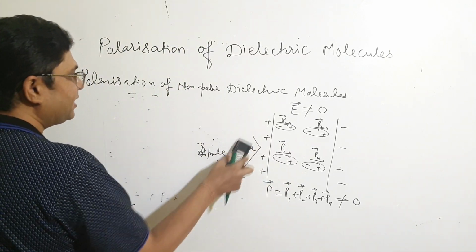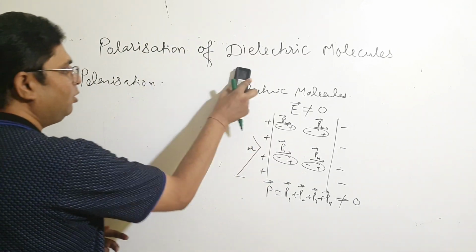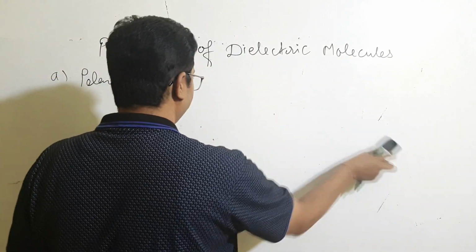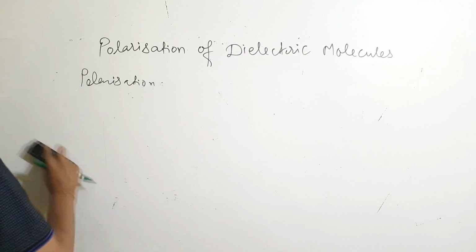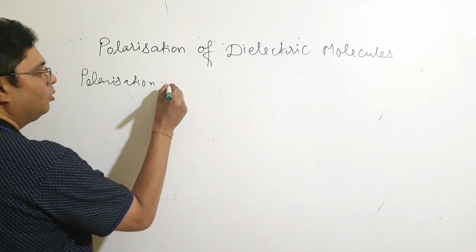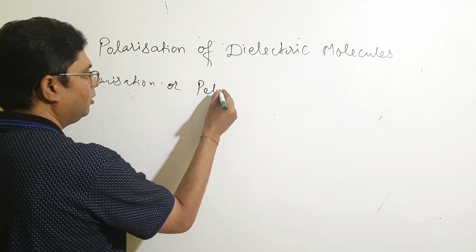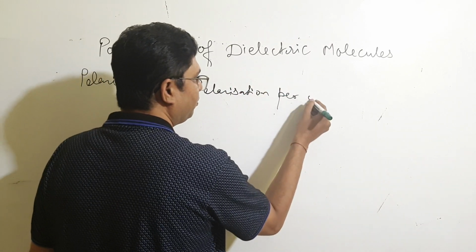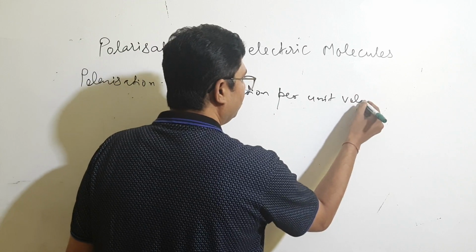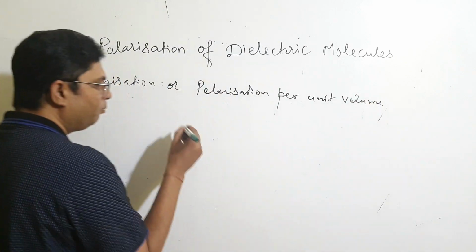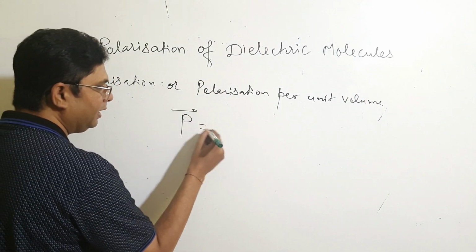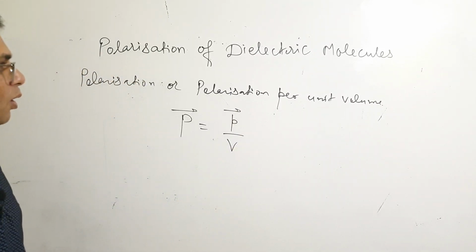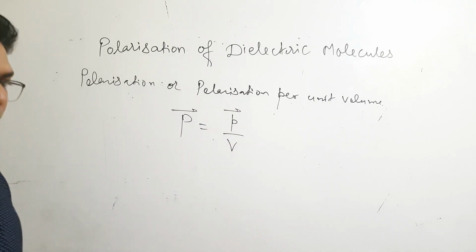Now you are going to understand what is polarization, or polarization per unit volume. Capital P equals small p upon V is said to be polarization per unit volume.